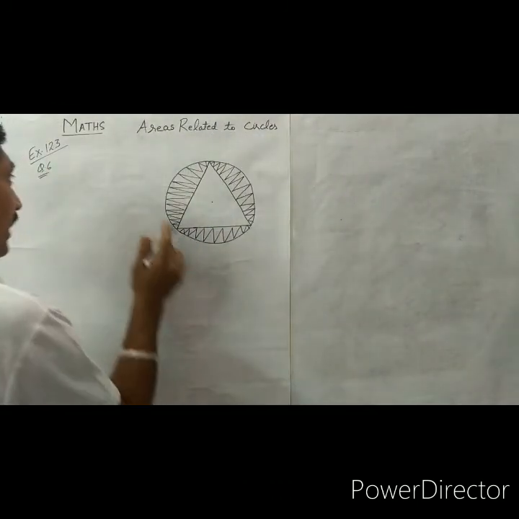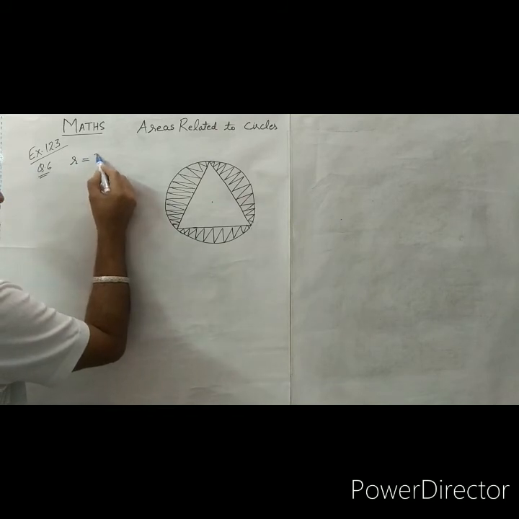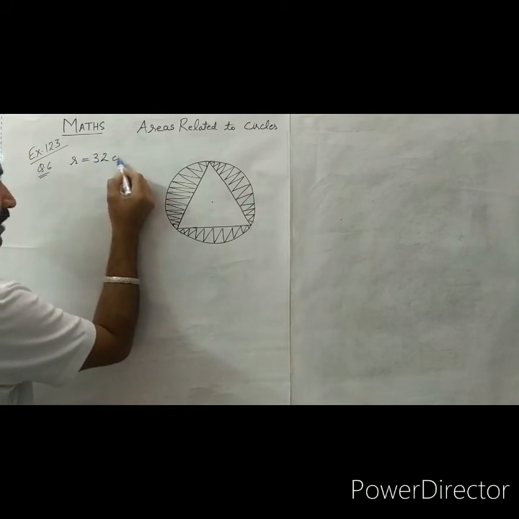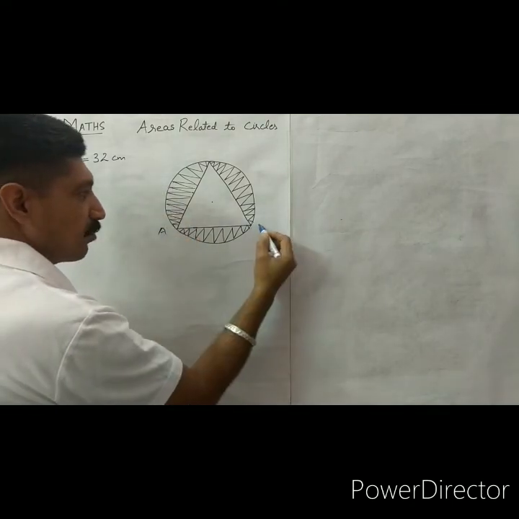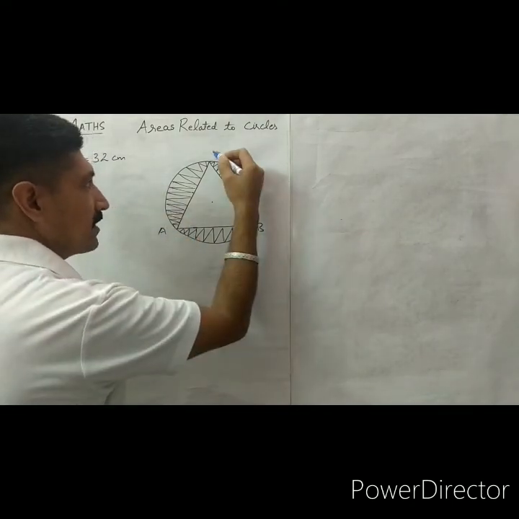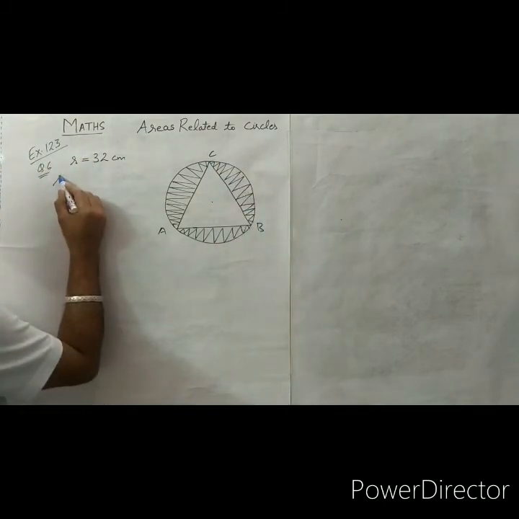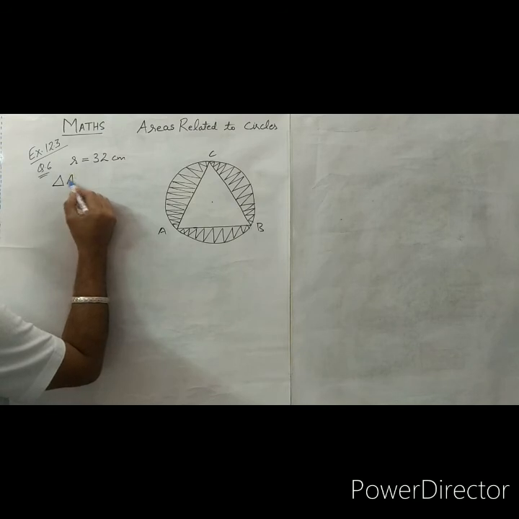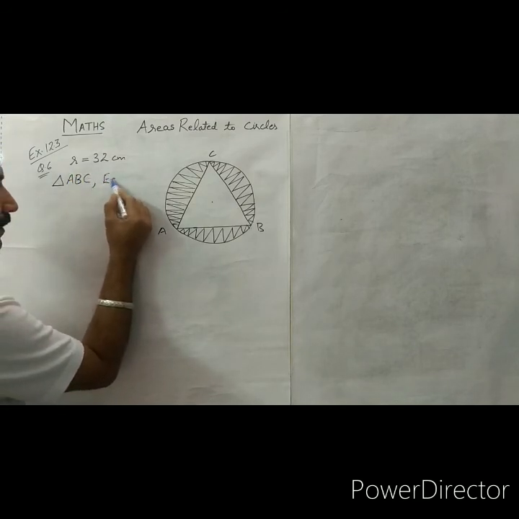So here we have the radius of the circle is equal to 32 centimeter, and here this point is A, this point is B, and this point is C. And here it is given that triangle ABC is an equilateral triangle.